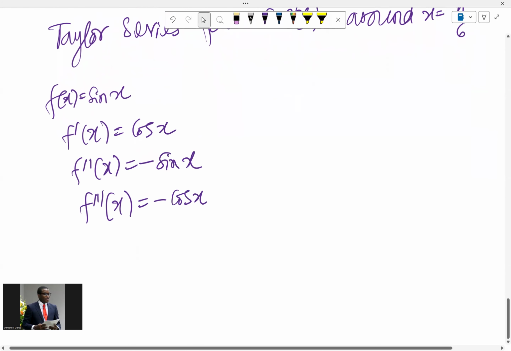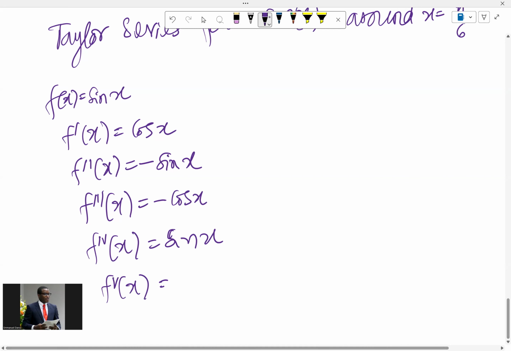Maybe we can take it to the fourth derivative: differentiate minus cos x, you get sine x back. And if you like, you can even take it to the fifth derivative: differentiate sine x, and you're back at the cos x we started with. So those are the derivatives.